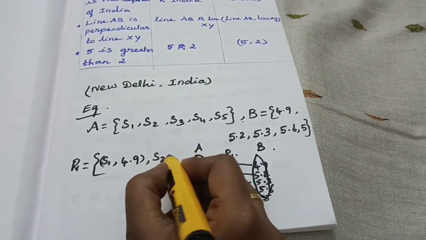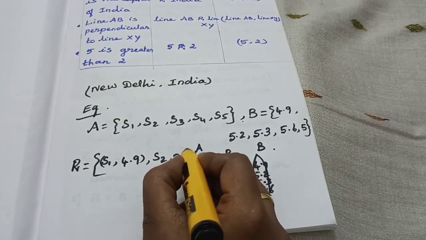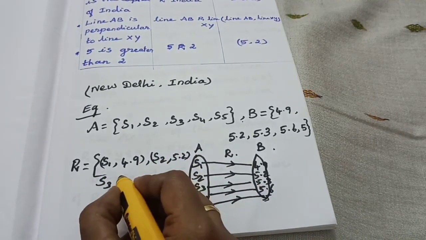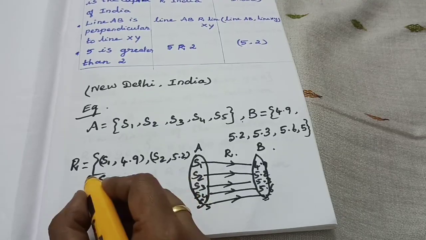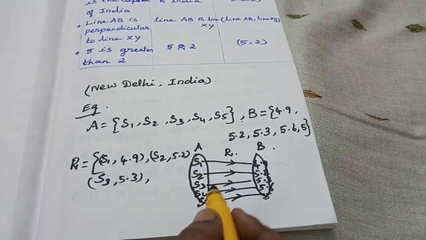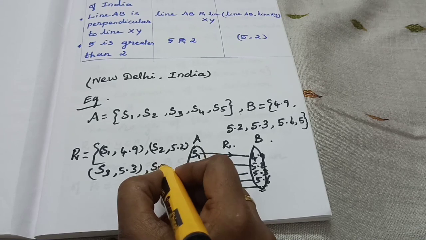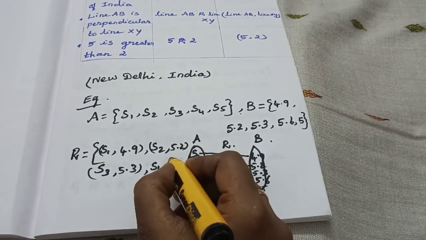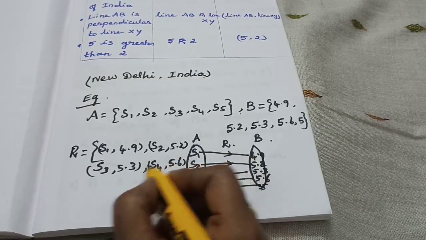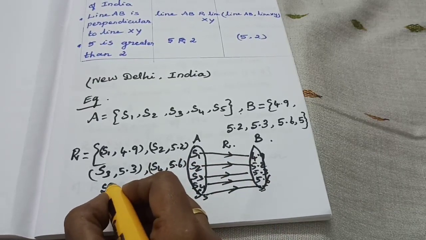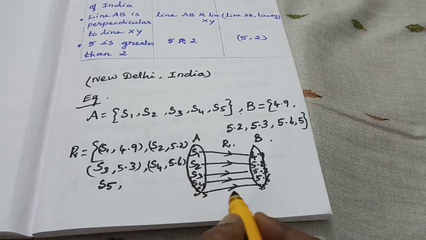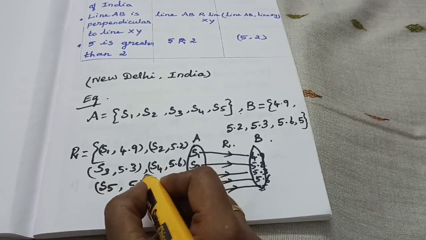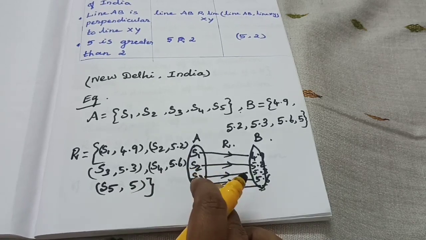(S2, 5.2), (S3, 5.3), then S4's height is 5.6, (S4, 5.6). Then the fifth student's height is 5 feet. Okay, this is the relation.